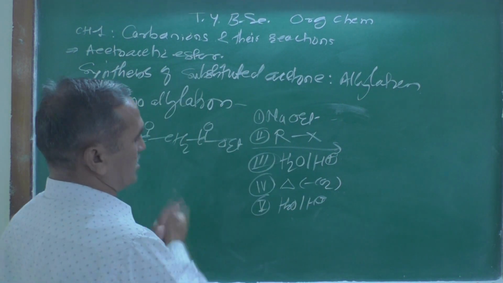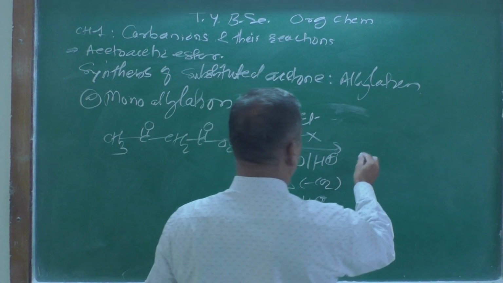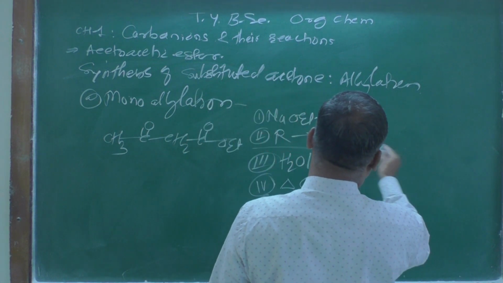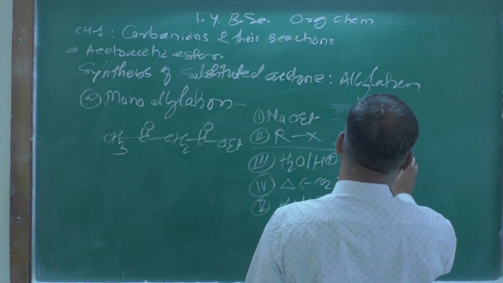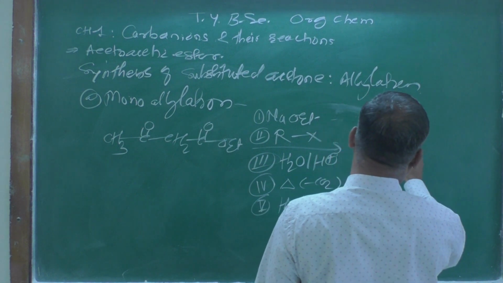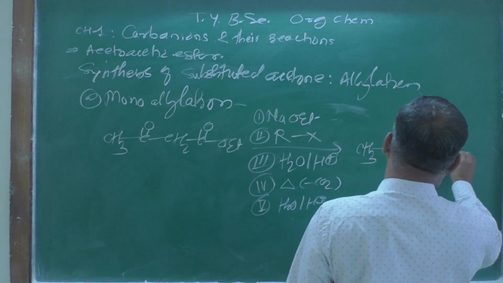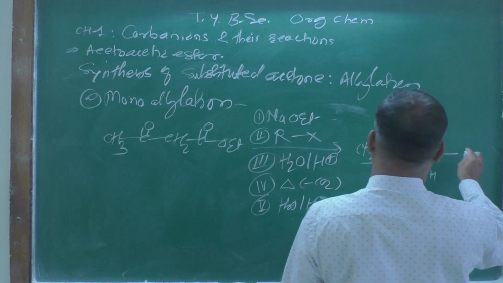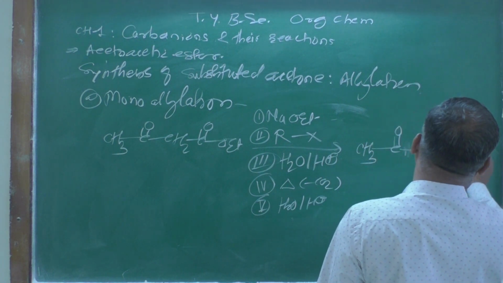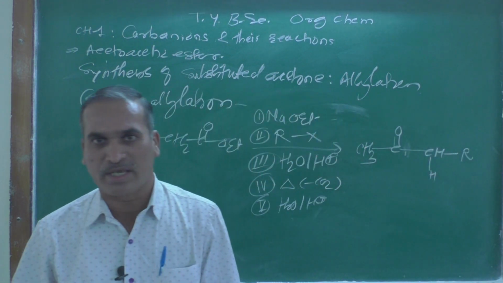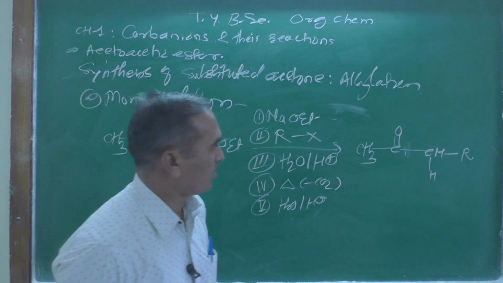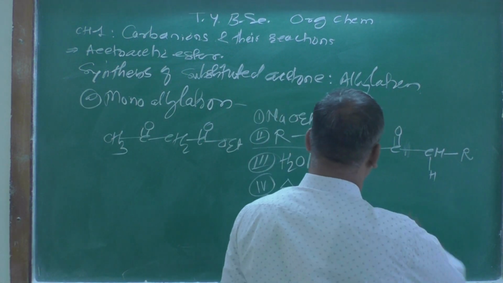If you do all these things together, the resulting compound will be obtained here: CH3, then C double bond O, then CH, and here I am writing one of the hydrogen atoms over here, and here is an R part. If you observe this final structure carefully, what do you see over here?